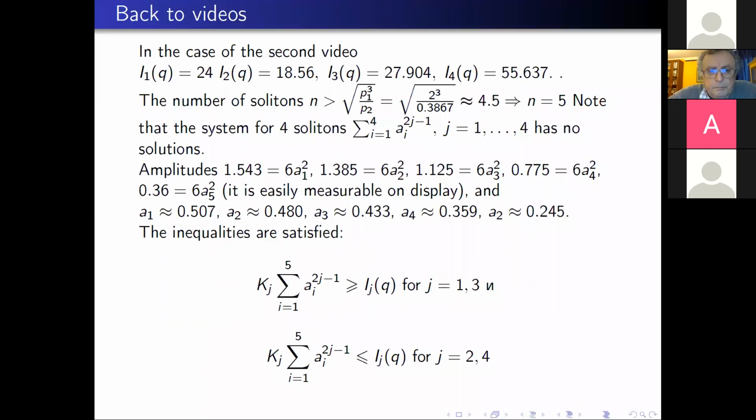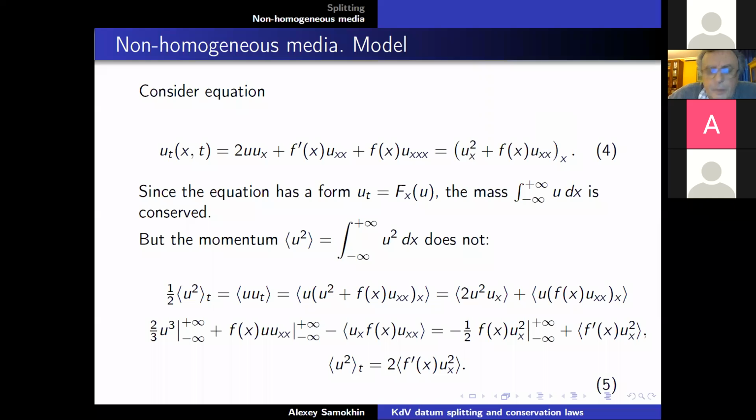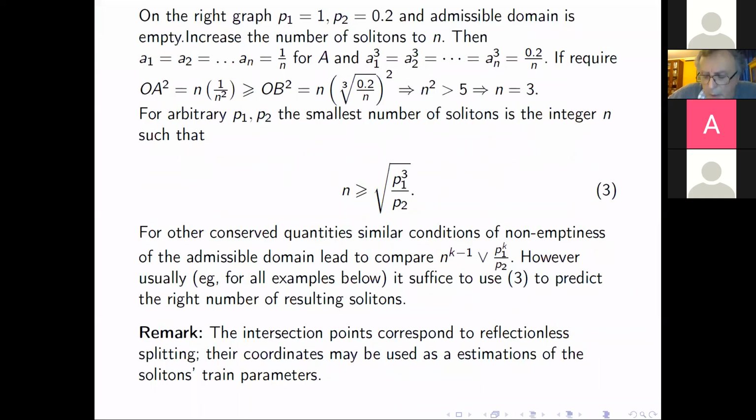This formula is quite simple, and the admissible domain is usually not very great. Therefore, we can easily evaluate the parameters A in the resulting solitons.